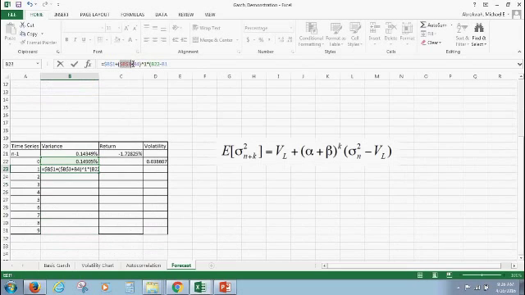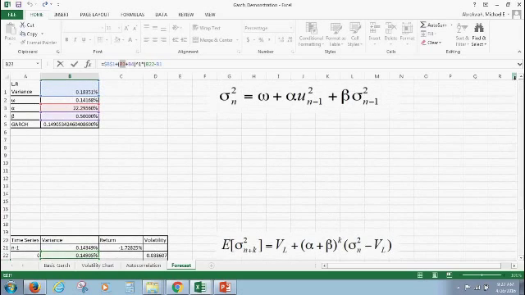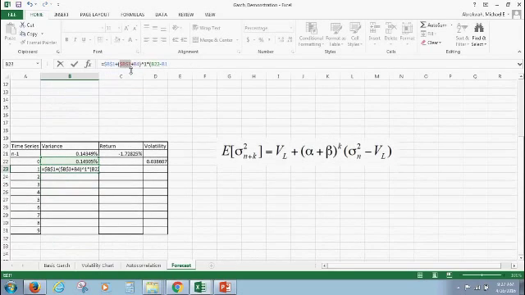For safety's purposes, I don't actually want to F4 that, so I won't. Actually, I do want to have that as a reference cell. I don't want to have this one as a reference cell because I want to use the variances as they are generated. I hit the wrong key accidentally.